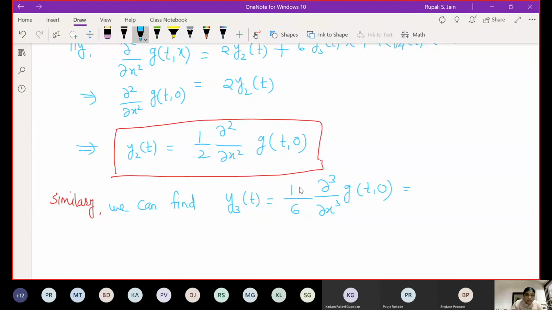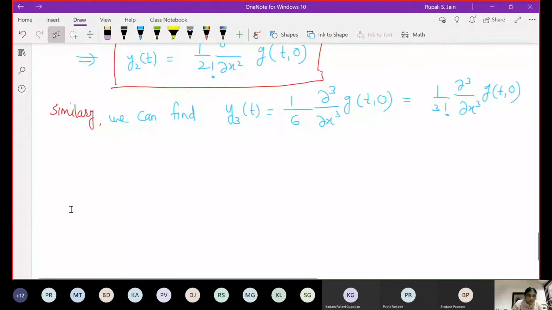This 2 also I can write in terms of 2 factorial. Next will be 24, so 24 will be 4 factorial. So I can generalize this formula. Similarly we can find y₃(t), and so on.